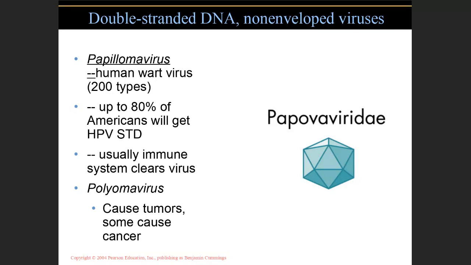200 types. When it comes to the sexually transmitted form, if you're sexually active, at some point you will get HPV. It's almost 100% guaranteed, unless when you were young, you were vaccinated against HPV. So there is a vaccine like Gardasil, which is recommended for use in girls and boys between the ages of 12 and 15. They want to get them vaccinated before they start becoming sexually active.